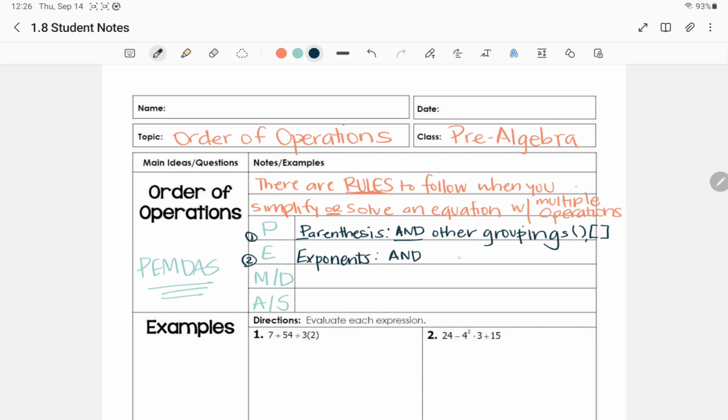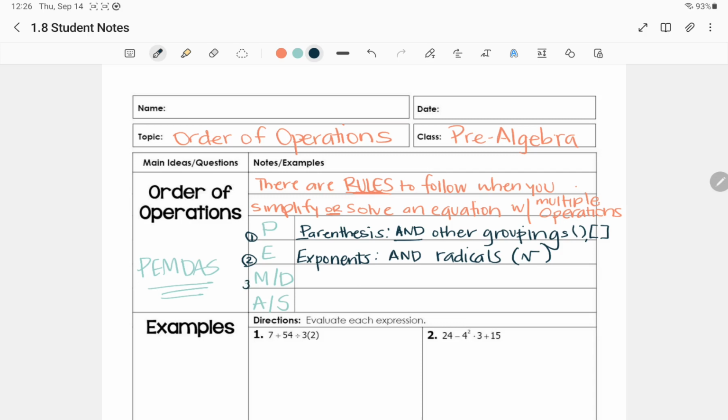We know what radicals are, right? Radicals are these symbols. We just went over that. Perfect squares, square roots. Radicals are in the exponent family.